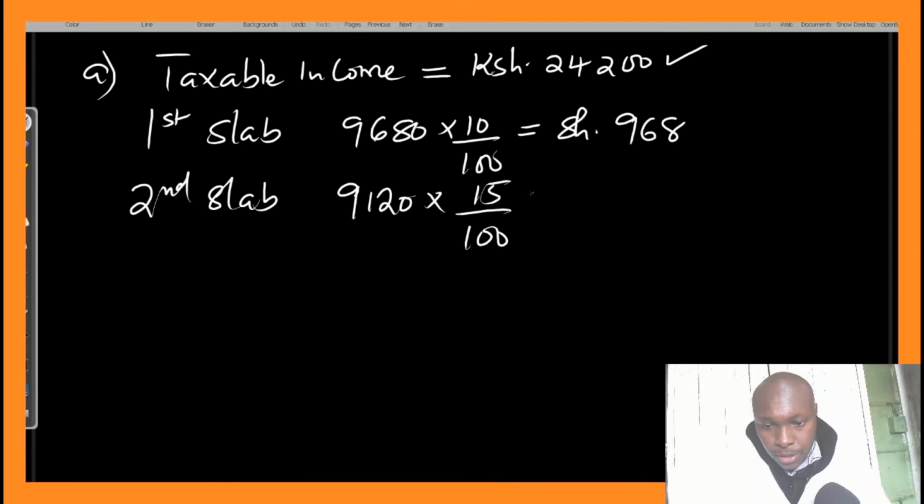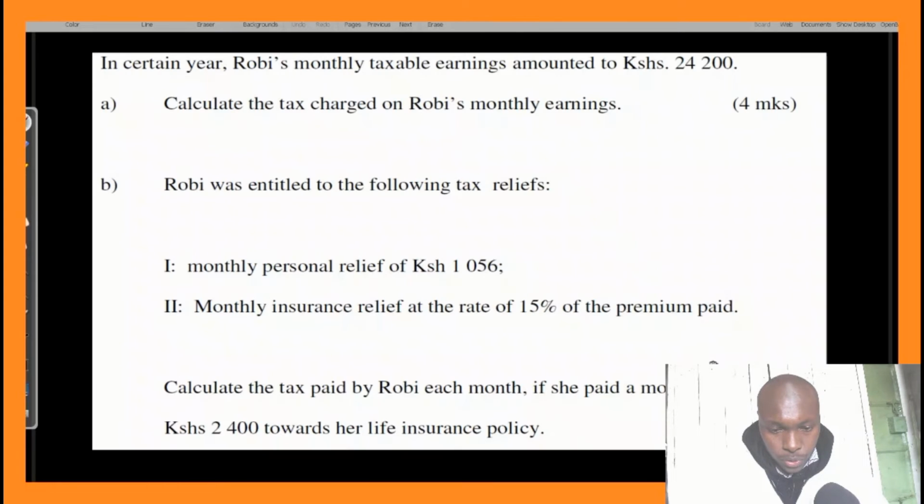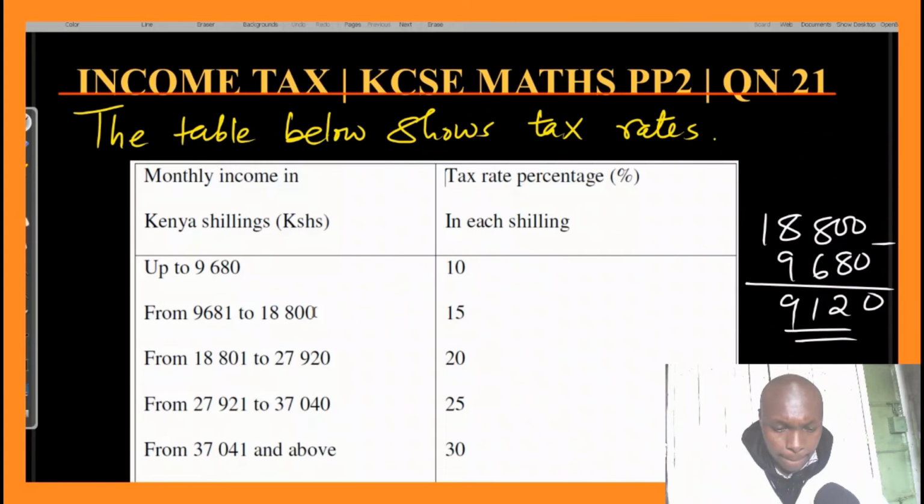When you work this out using a calculator, 9,120 multiplied by 15% gives 1,368.